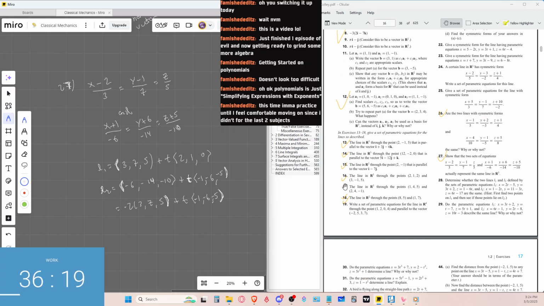Yeah, here we go. Because it says show that the two sets of equations actually represent the same line.